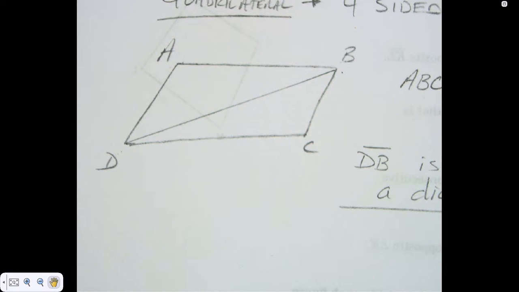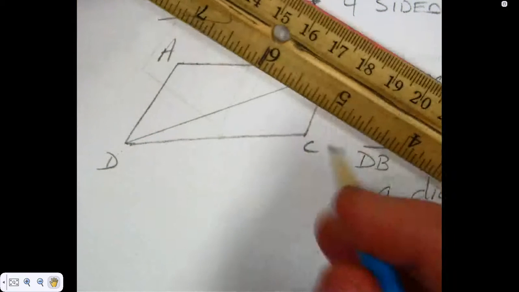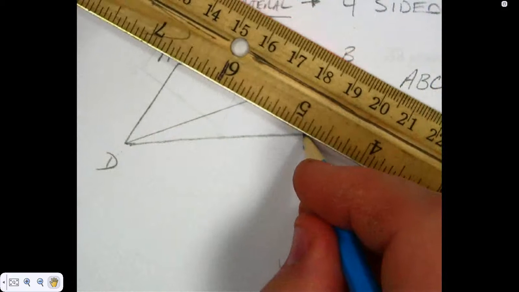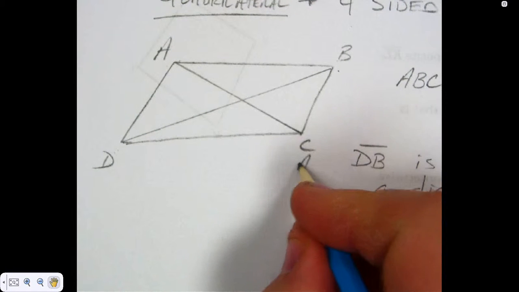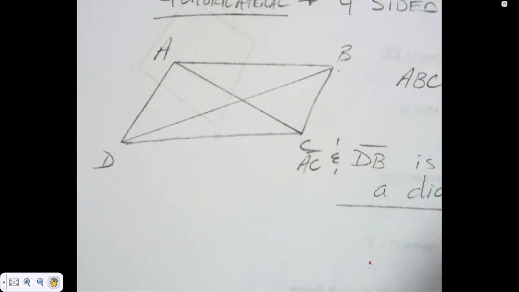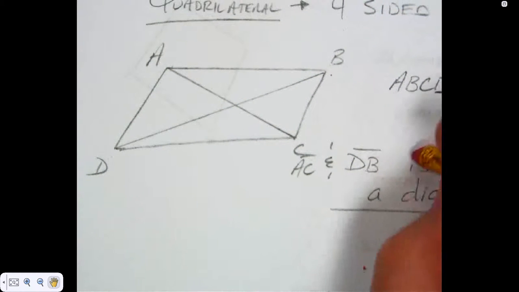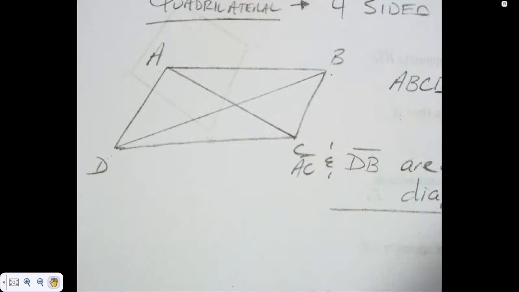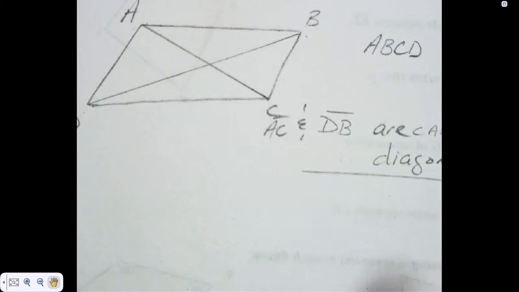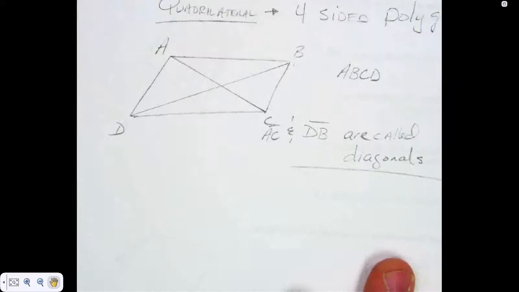How many diagonals do you think it's possible for me to draw on a quadrilateral? Where else could I draw the next one? So I'll draw AC and say AC and DB are called diagonals. Oops, tell me when I'm zoomed in too far.